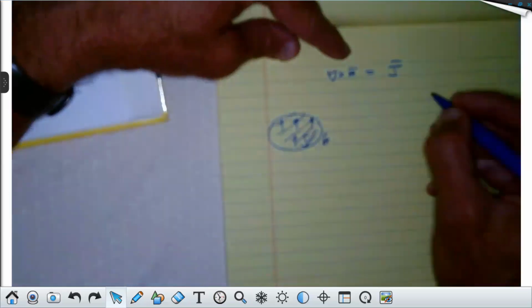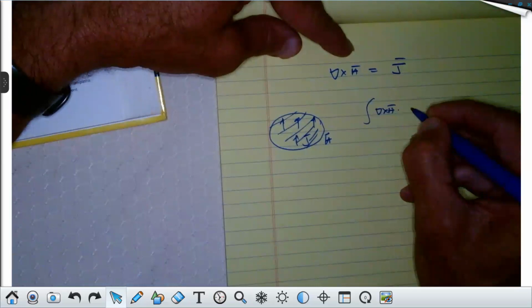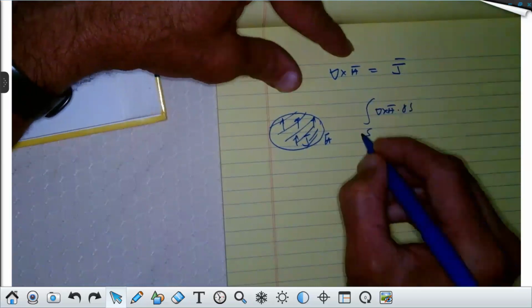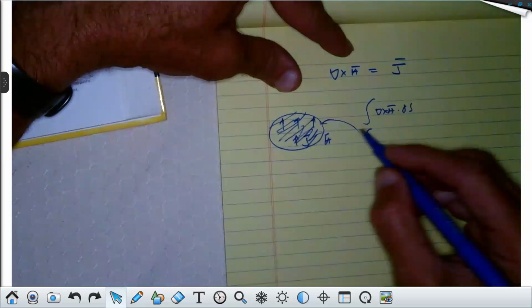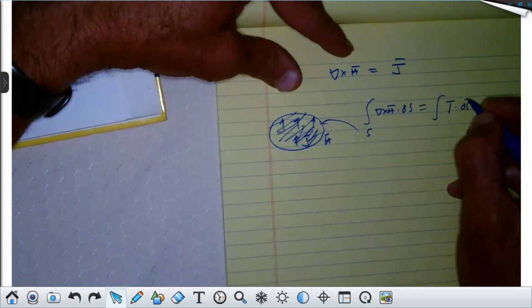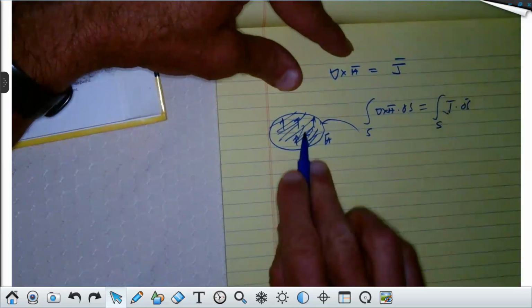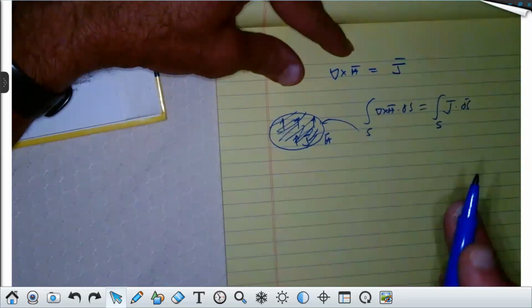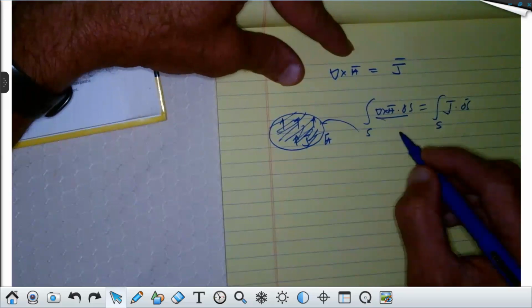So if I integrate curl of H dotted with dS over this surface associated with the interior of that circle, that would be equal to the integral of J dot dS. Well, the integral of J dot dS over that surface is the amount of current that's inside that loop, that's piercing it.